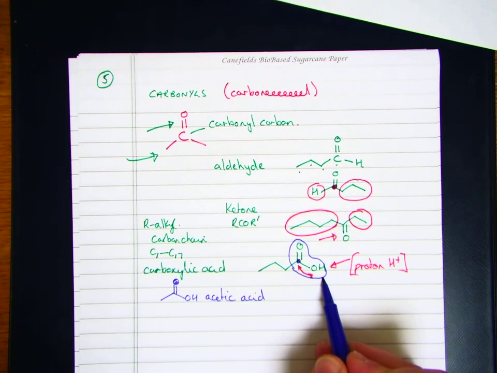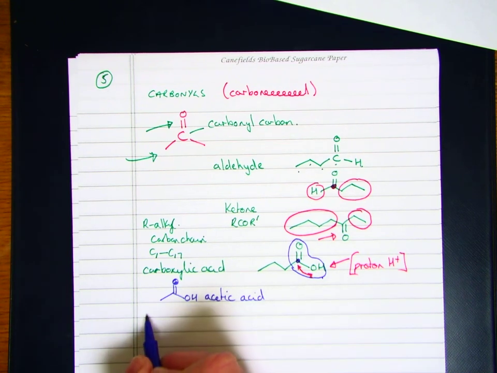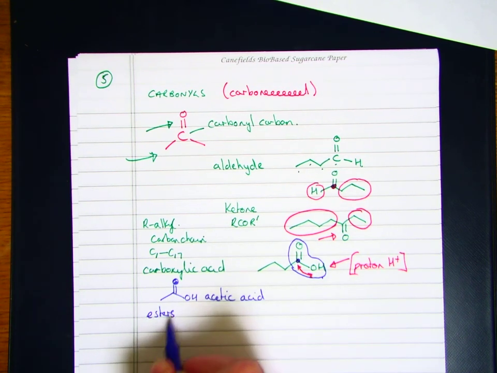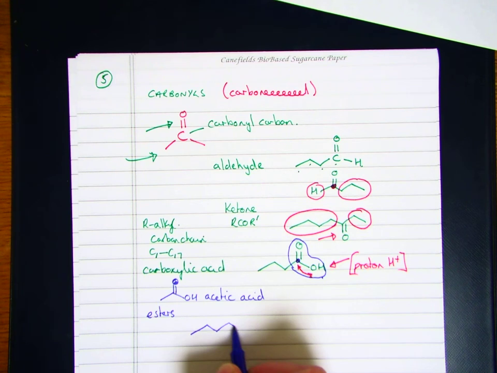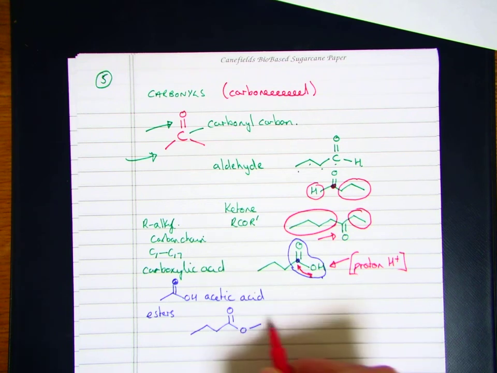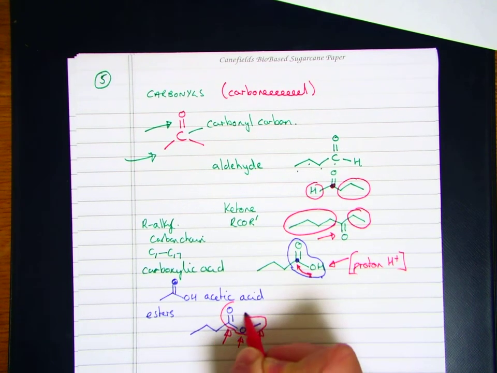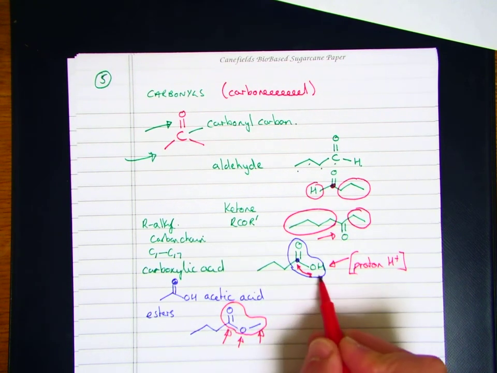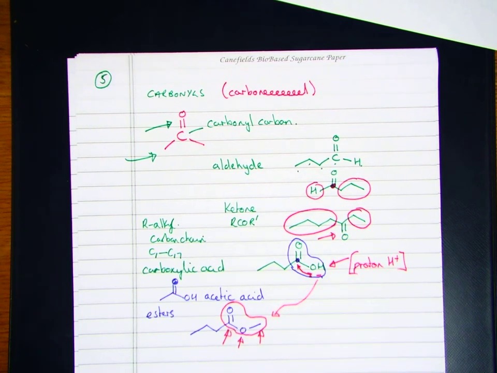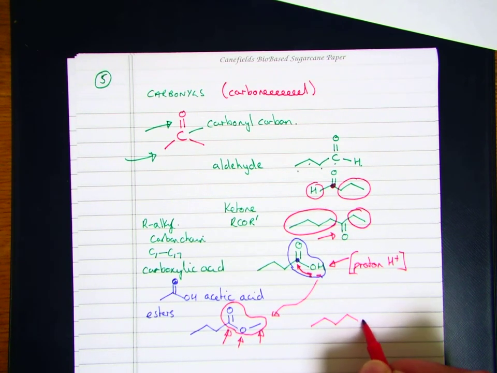And related to that then, based on our experiences of oxygen in water and nitrogen in ammonia, we're going to replace that hydrogen to form what are called esters. And esters are very pleasant smelling compounds in which we have a carbon chain and then a carbon attached to the oxygen. So we now have a carbon, an oxygen, a carbonyl center. This whole thing is an ester. Okay, so we've replaced the hydrogen of the acid with a carbon chain to give us an ester. If I draw it out a little further, it doesn't matter which carbon chain.